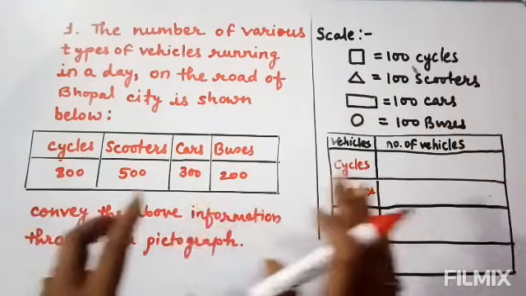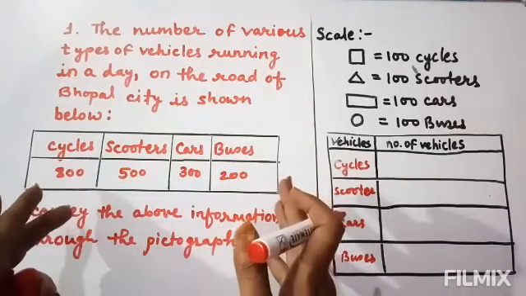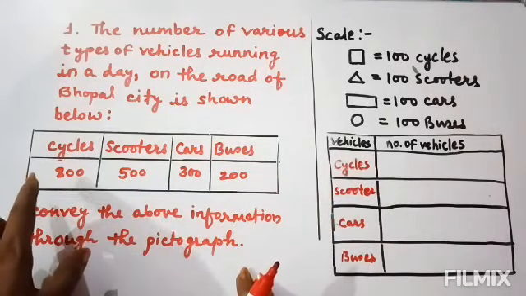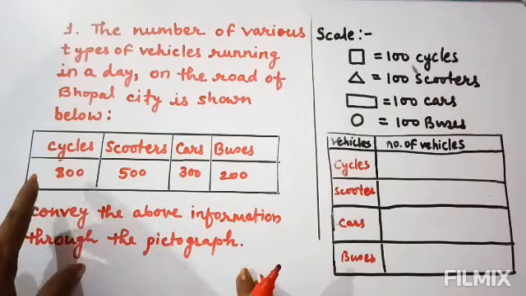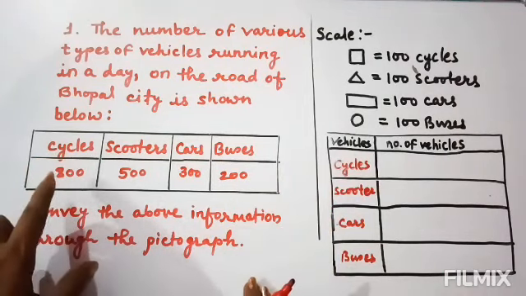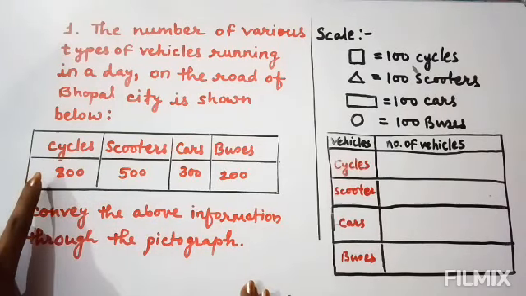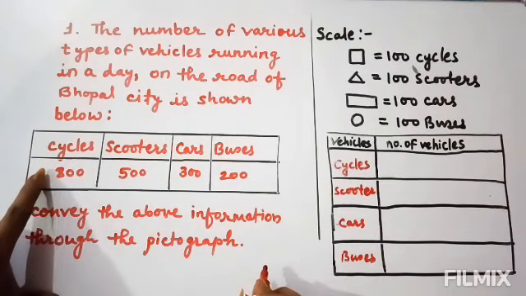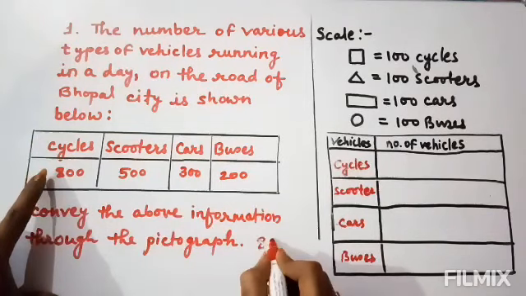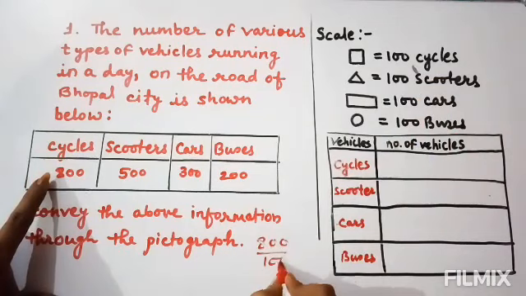How do we represent 800, 500, 300 and 200 with symbols? Is it possible to make a picture of 800? No. First of all we will do some rough work. How many cycles are running? In the question it is given as 800. And what scale have we chosen? 100.